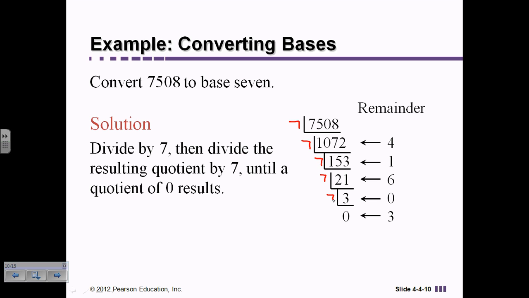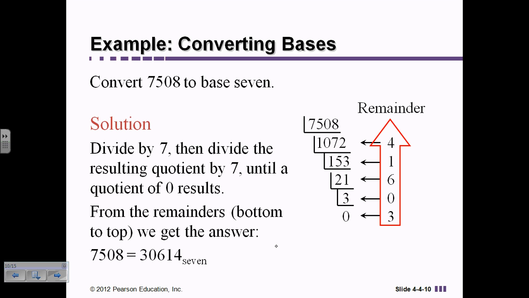And 7 divides into 3 no times evenly, with a remainder of 3. So our answer to this problem would be the number 30614 in base 7. You write the numbers down backwards.